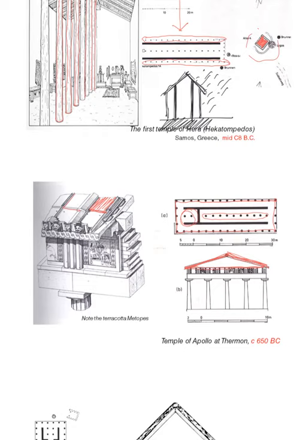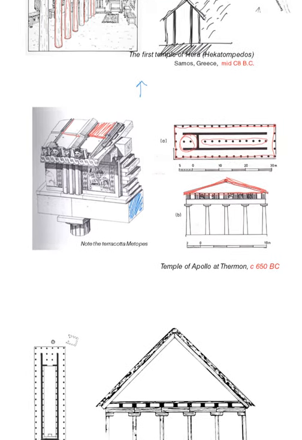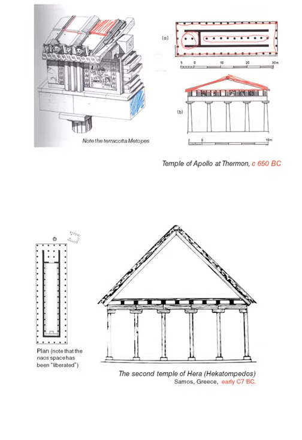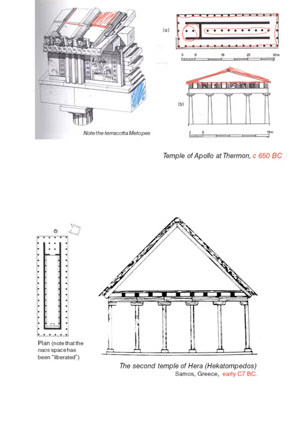In this section, we can still see that some parts of this construction is timber, like the timber structure used at Hiera. So it's now a mixture of timber construction and terracotta. But in this facade, the Temple of Apollo at Thermon, we're starting to see the temple as we got to know it.